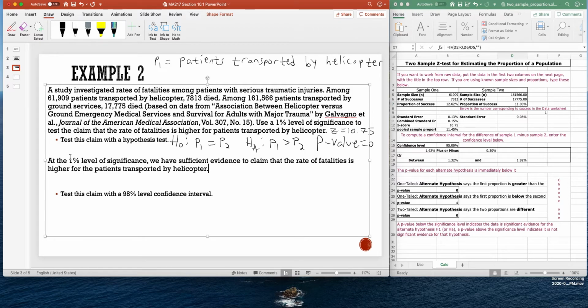Then for testing the claim with the 98% confidence interval, based upon what we have in this template, we need to change this confidence level to 98%. So from this, we have a lower bound.